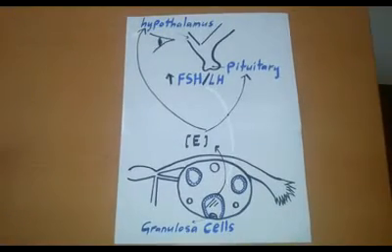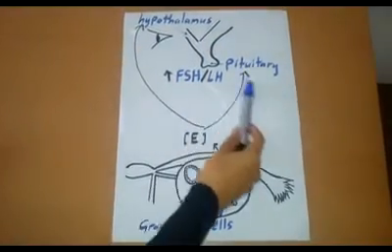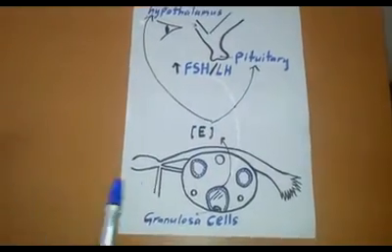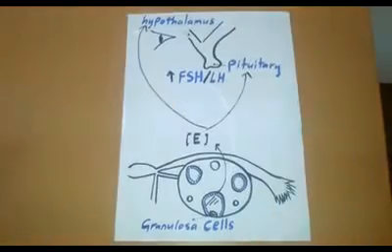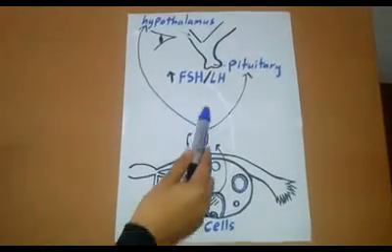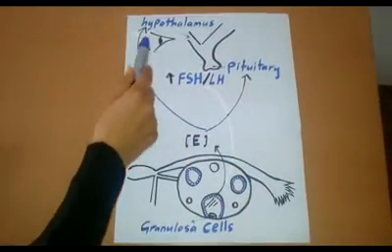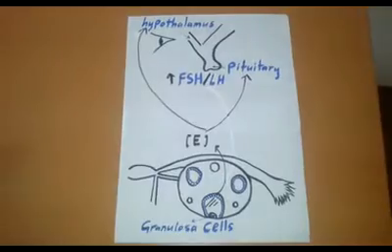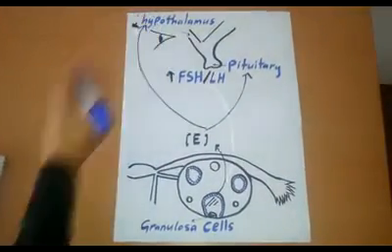Clomiphene actually blocks estrogen receptors of the hypothalamus and pituitary. Estrogen is made by granulosa cells, and estrogen feeds back to the pituitary and to the hypothalamus, the area that controls the pituitary, but it is blocked by clomid.